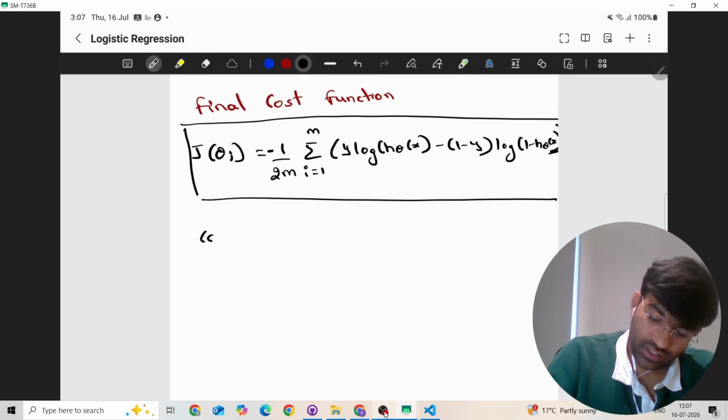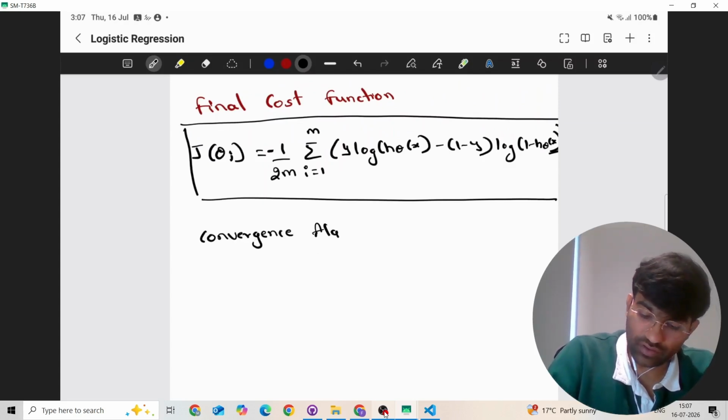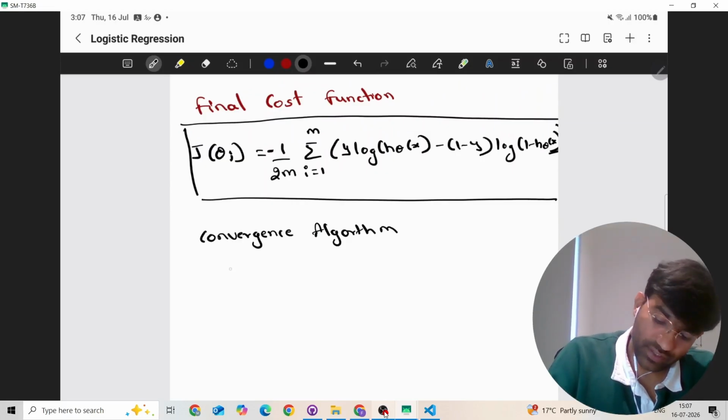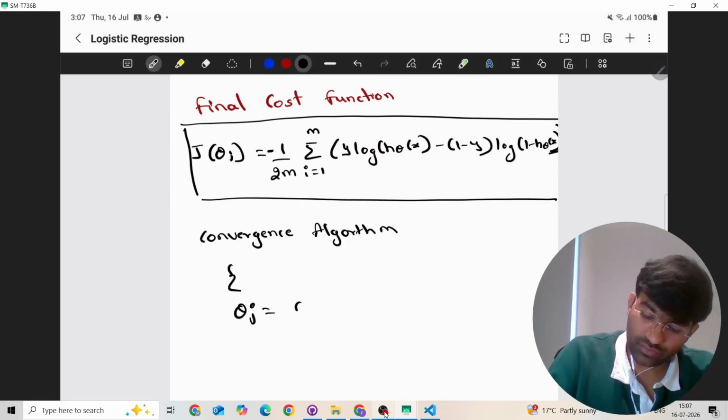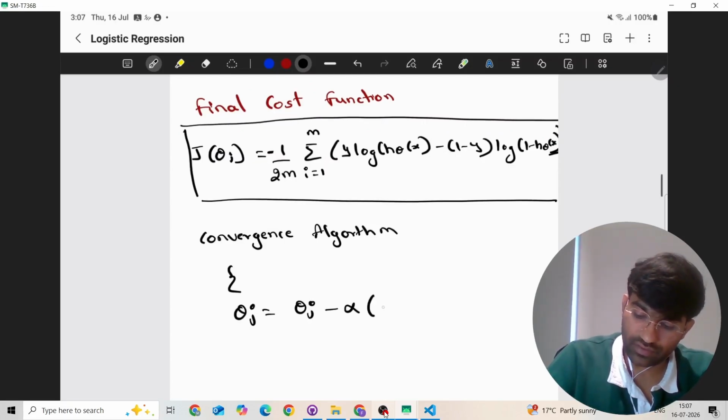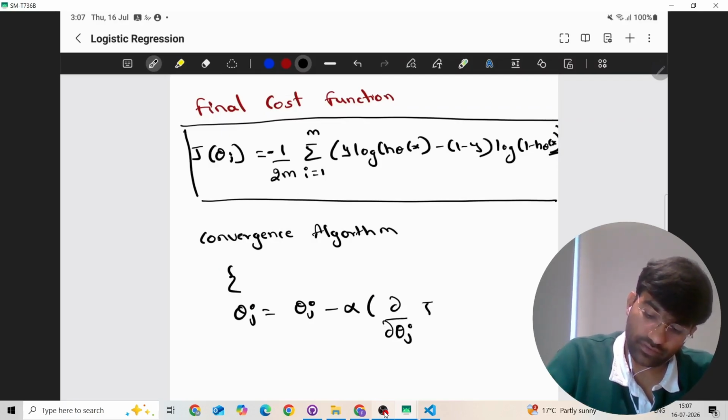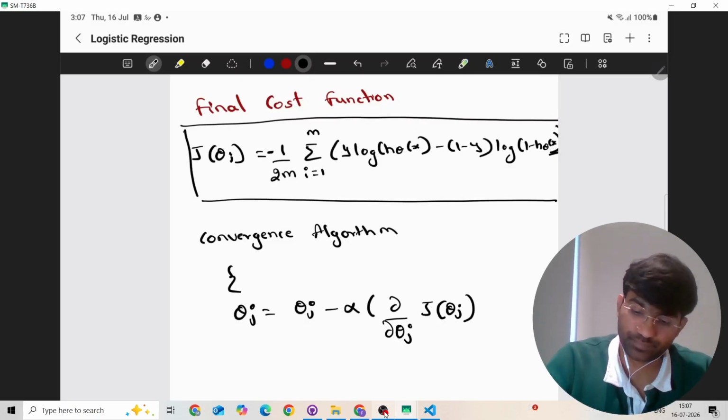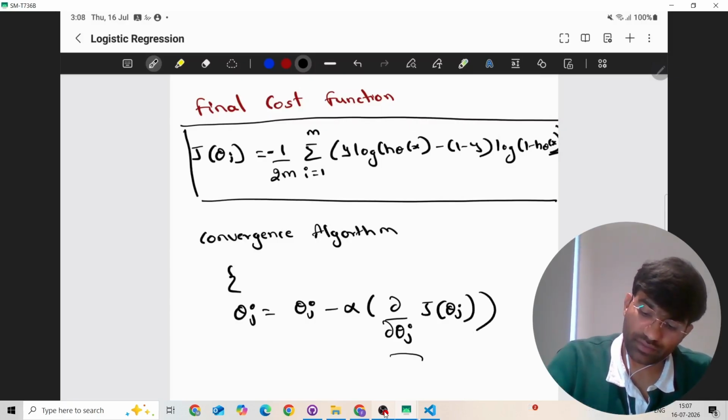So we know the convergence theorem, which I have explained in logistic regression, the convergence algorithm, where we repeat theta j equal to theta j minus alpha times the derivative of J of theta j with respect to theta j, which is nothing but the slope.